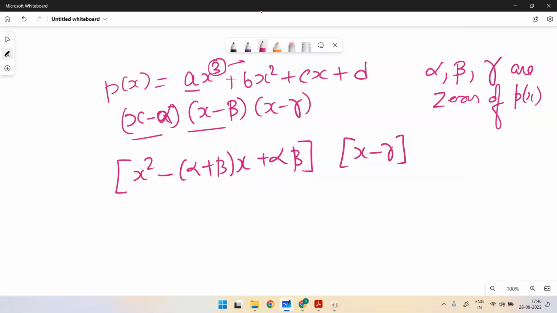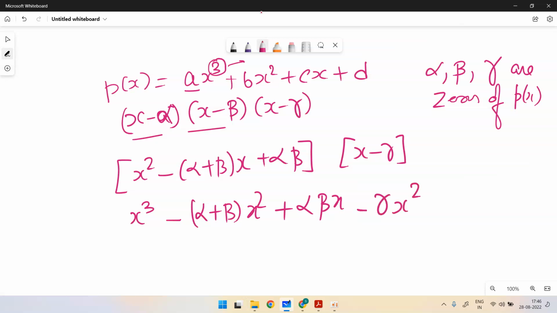Now if you multiply this, you get x cube minus (alpha plus beta)x square plus alpha beta x, then minus gamma x square plus (alpha plus beta) gamma x minus alpha beta gamma.